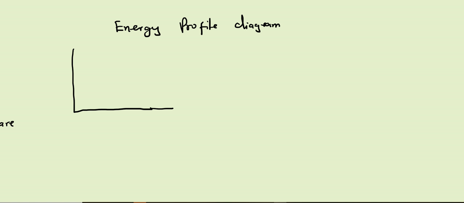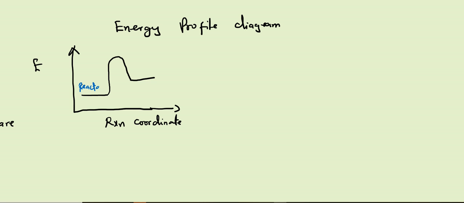So if this is the energy on the y-axis and this is the reaction coordinate or pathway on the x-axis, and we have a reactant, in this case coal and oxygen, but let's just make it hypothetical, we call this the reactant. And we'll call this the product.